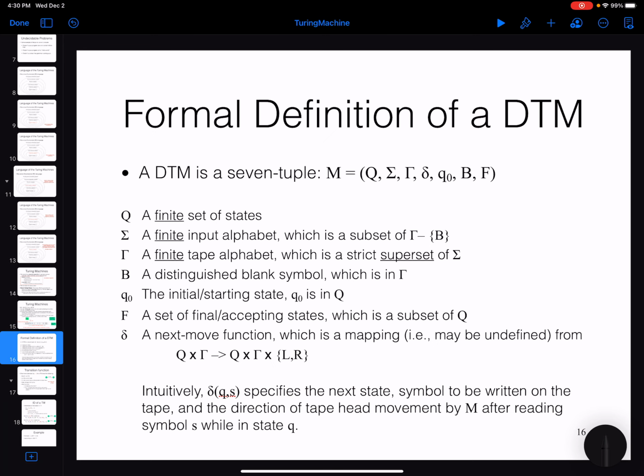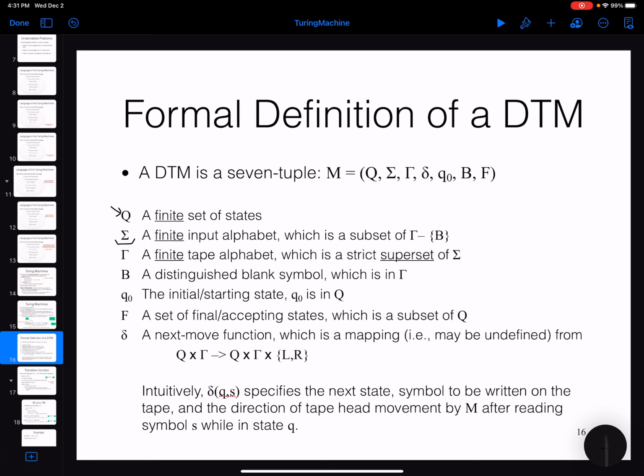So the formal definition of a Turing machine is that you have a finite set of states, Q, that's going to create the finite state control for us. We have an input alphabet, sigma, which is the set of symbols that your input is coming from.